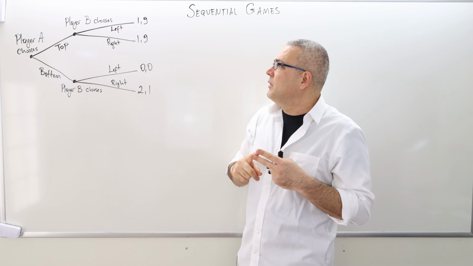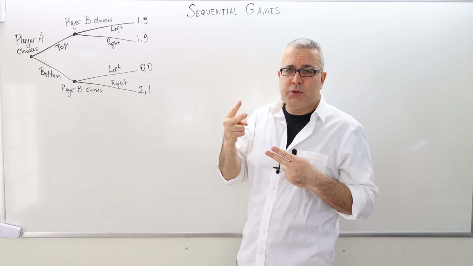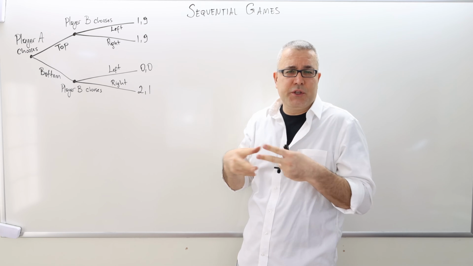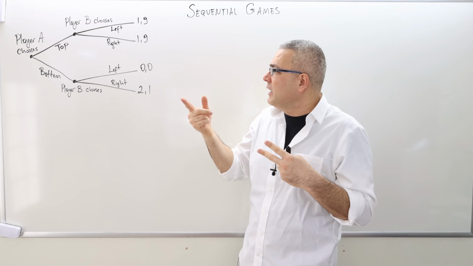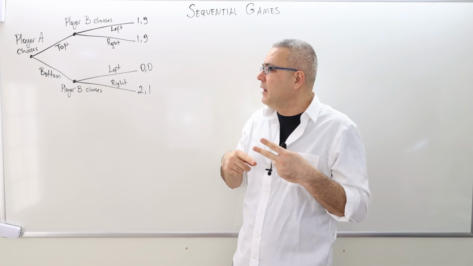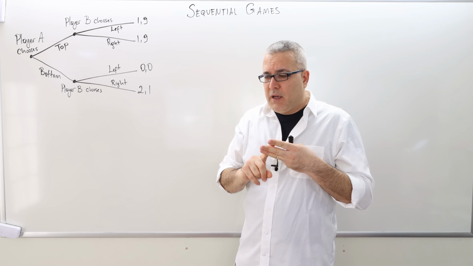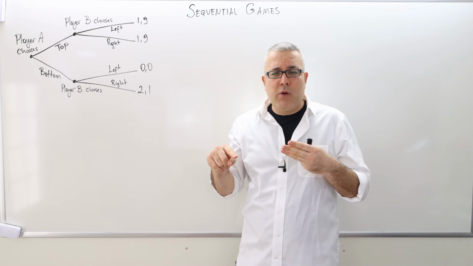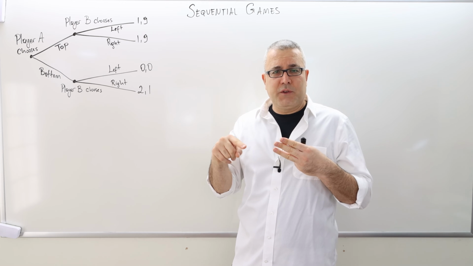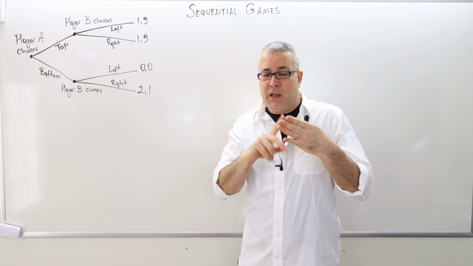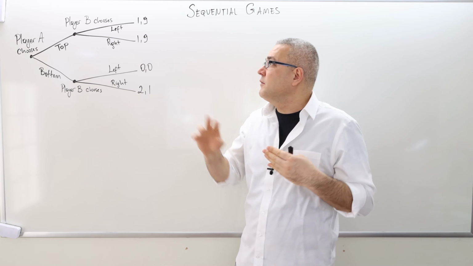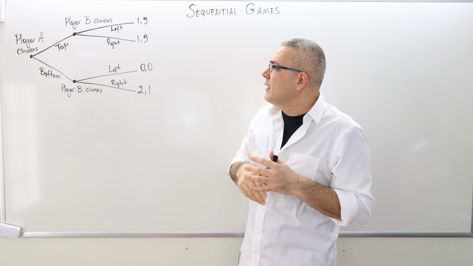And player B has 2 choices, 2 actions to choose, playing left or playing right. The third is what the players know at the time they make a choice, and ingredient 4 was the payoff. So the payoffs are summarized here.